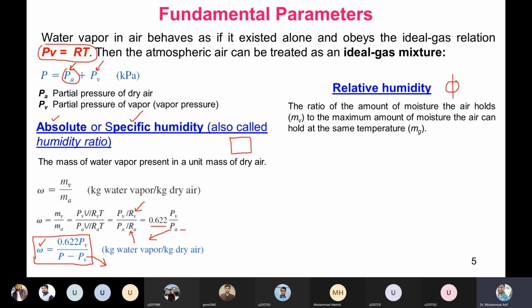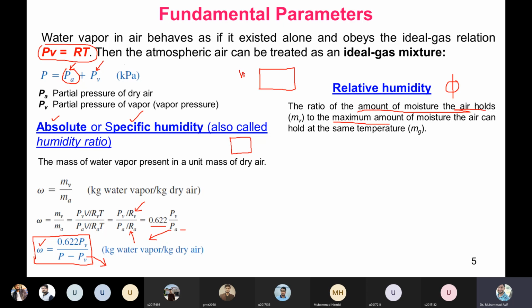This is the ratio of the amount of moisture the air holds to the maximum amount of moisture the air can hold at the same temperature. Maximum amount means the saturated state, right? So basically, let's say this is our room. In that room, what is the value of the moisture currently?